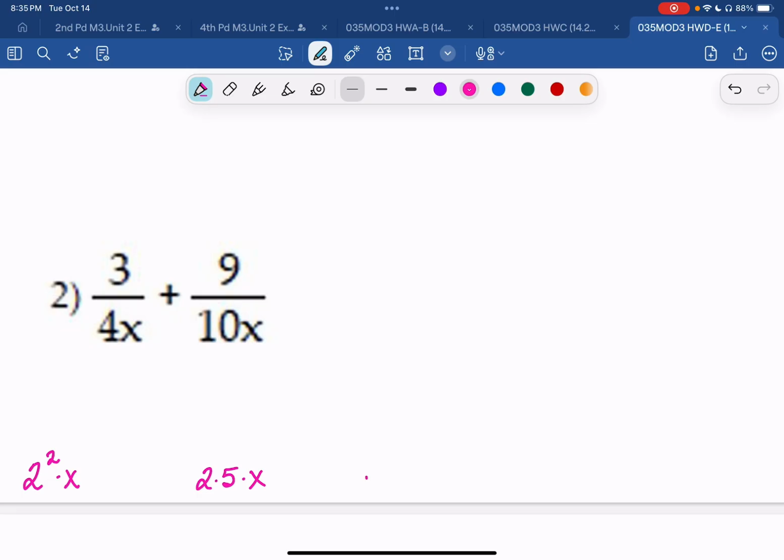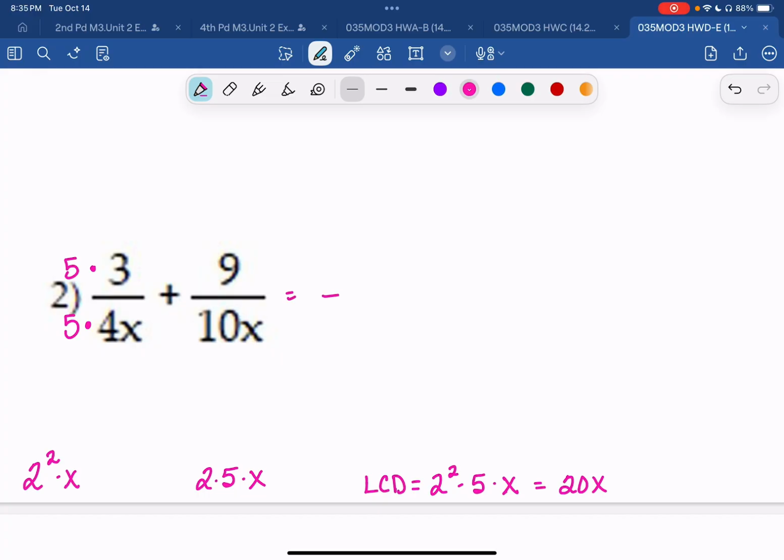So that means that my LCD is going to need to be 2 squared times 5 times x, which is going to be 20x. So I need to turn both of these things into 20x. So if I look at my first one, to turn 4x into 20x, I need to multiply that by 5, which means I need to do the same thing here.